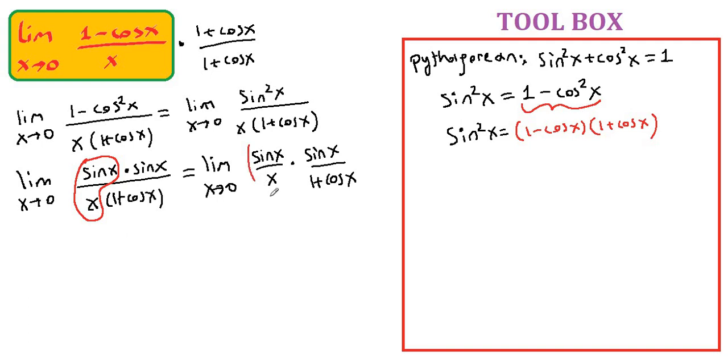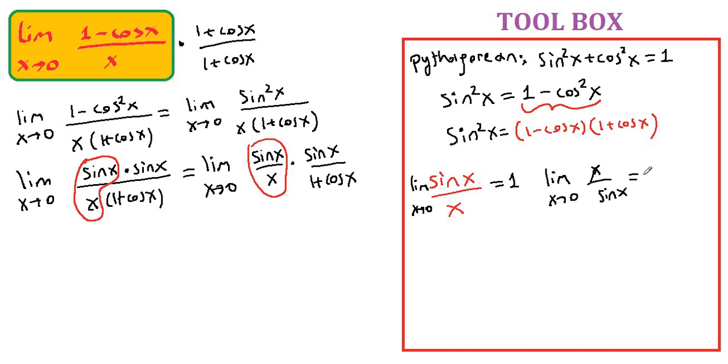And we know from our template, as we have proven using the squeeze theorem and table method, the limit as x approaches 0 of this is 1. Similarly, the limit as x approaches 0 of x over sine x is also 1.